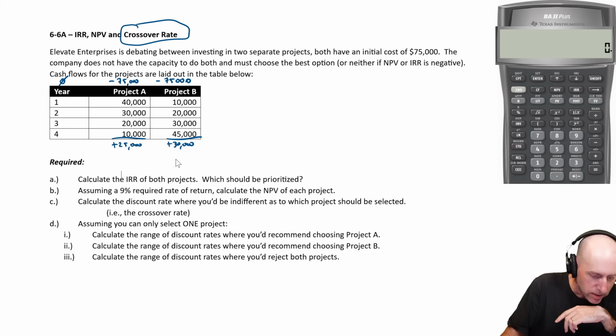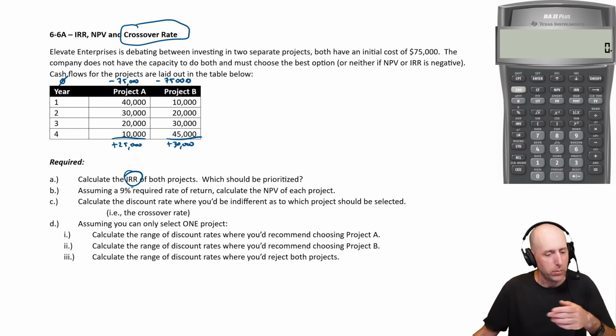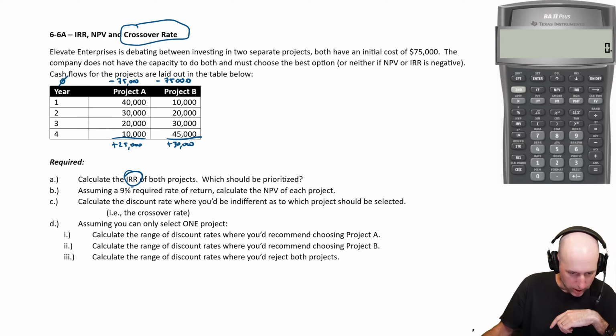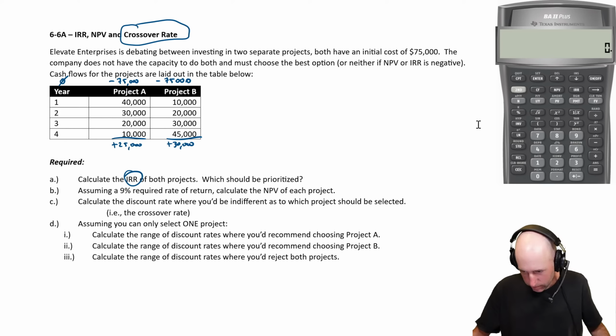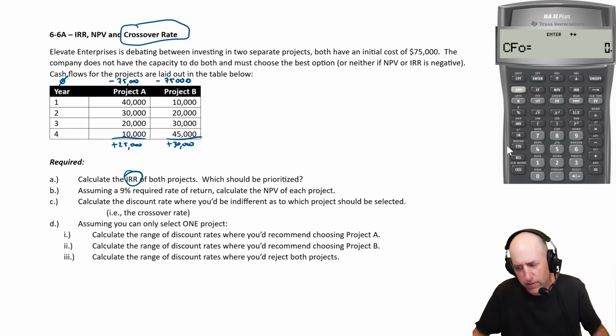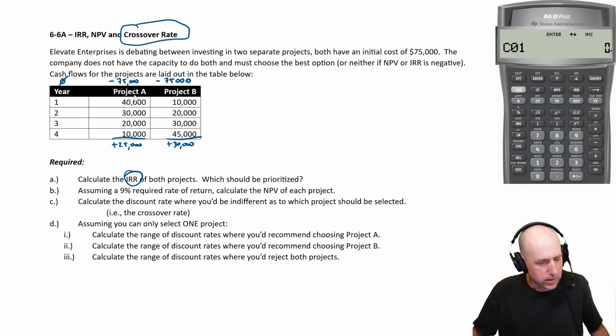So that's the $1 million question, but before we get to it, it asks us to compute the IRR of both projects. We'll do IRR of project A now. So I enter CF at time 0, 75 grand negative. My cash flow at time 1 gets entered as 40,000 positive.